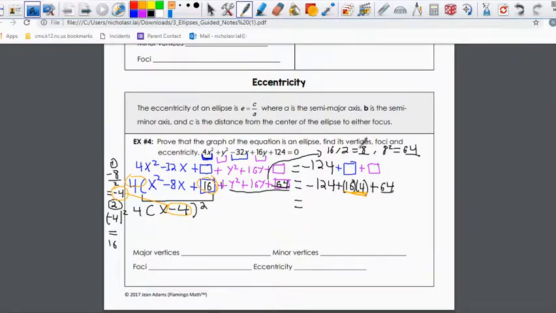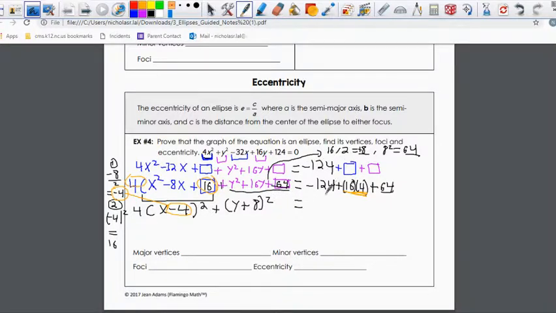But remember, that's a positive 8. So this will factor into y plus 8 squared.